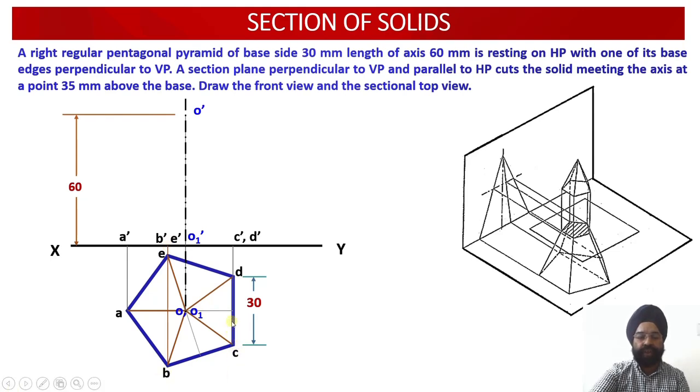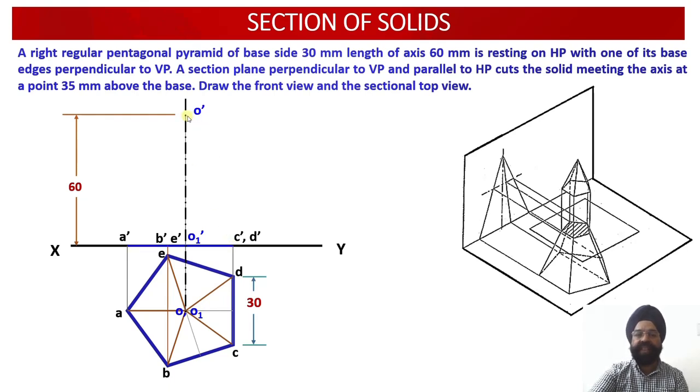Similarly, you draw the horizontal projector through C and D. So C dash and D dash are the front view of these points C and D, which are obtained once again on the XY line. So now we have obtained all the projections of the base in the front view, that is onto the vertical plane, and the apex point has also been evaluated.